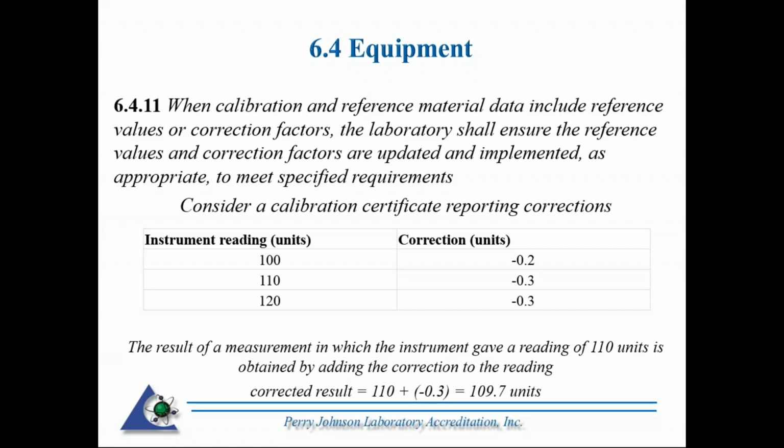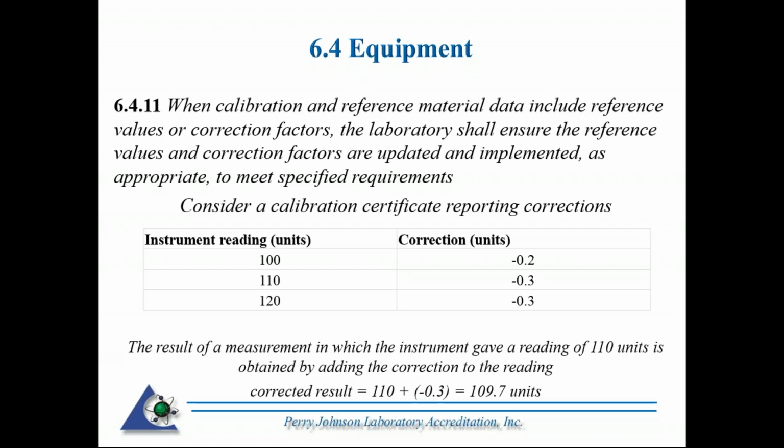So for those folks that may not be familiar with what correction factors are, I depict an example here. When you send an instrument out for calibration, let's say this was a thermometer calibrated at 100 degrees C, that correction factor is saying that at 100 degrees C, the instrument is not reading exactly 0 error.